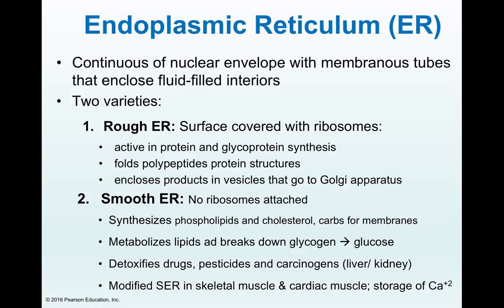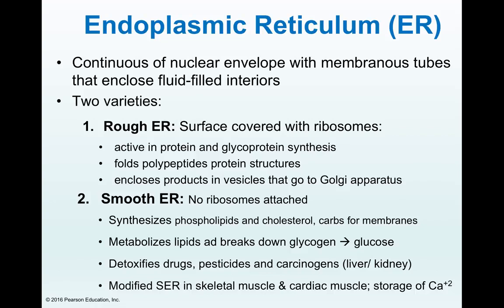Now, if this endoplasmic reticulum contains ribosomes on its surface, they refer to it as rough ER, because ribosomes create little bumps on the surface of the endoplasmic reticulum, creating a roughened pattern. The function associated with rough ER is that it has an active role in protein synthesis, and it also enables your proteins to be folded to their secondary, tertiary, and quaternary structures if necessary.